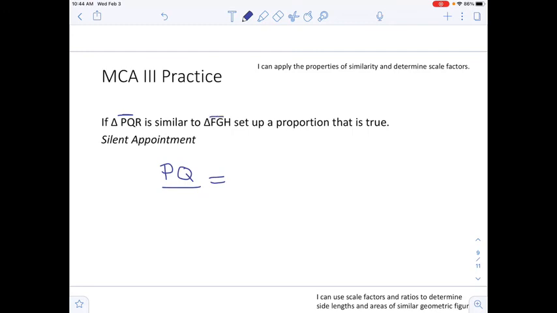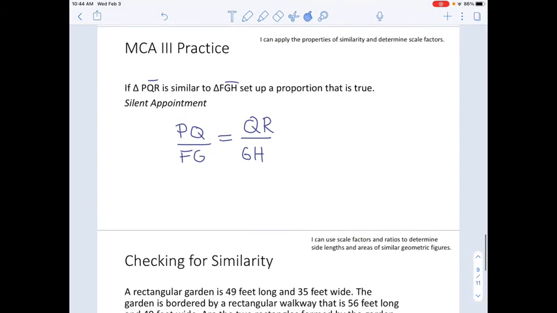I know that PQ corresponds to the first two letters on the second triangle, FG. And then I go back to my first one and let's do the last two letters, QR. And that corresponds with the last two letters on the second one, which is GH. So there's a proportion that is true. You could also do it in a few different ways, but there's just one example.